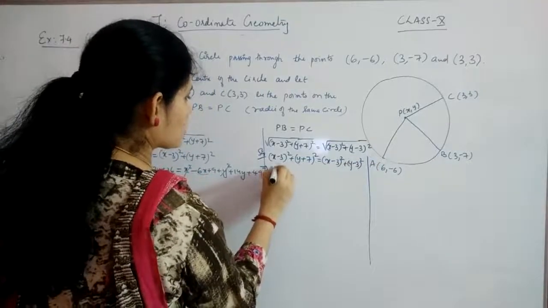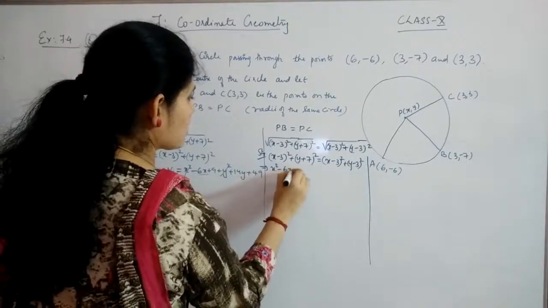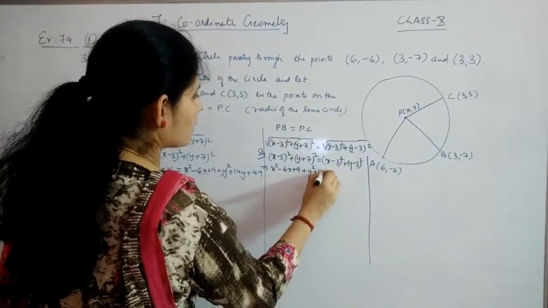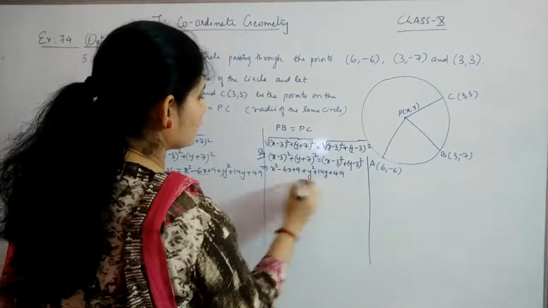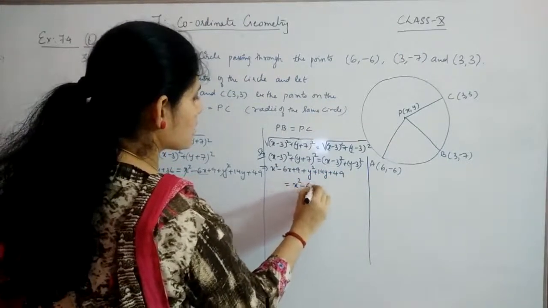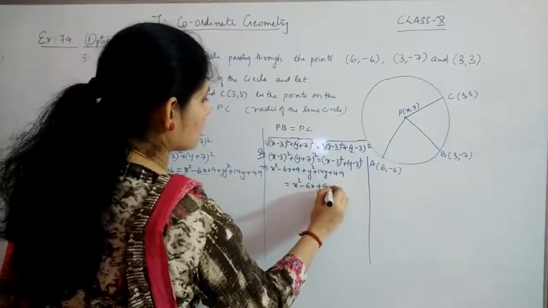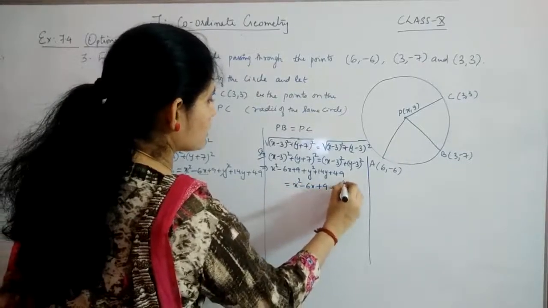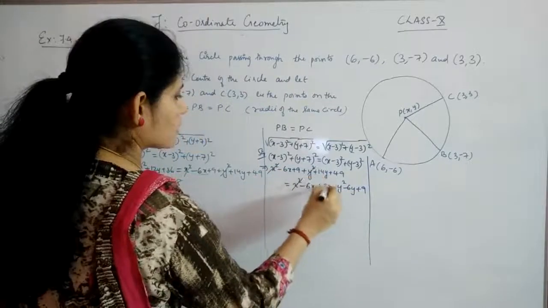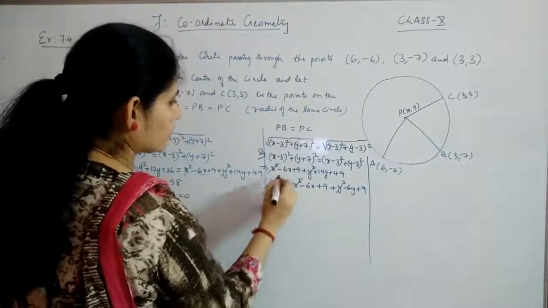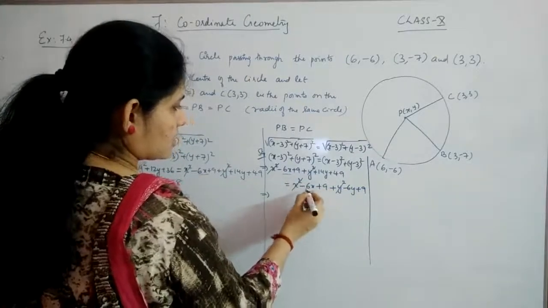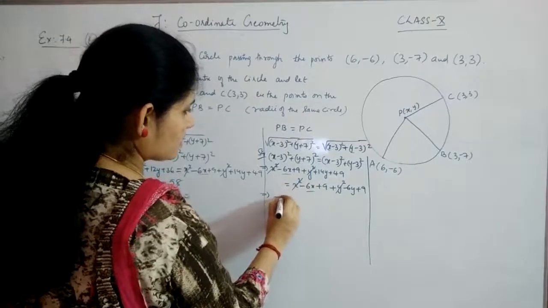Which implies x square minus 6x plus 9 plus y square plus 14y plus 49 is equal to x square minus 6x plus 9 plus y square minus 6y plus 9. Again x square gets cancelled, y square gets cancelled, and the remaining terms are, here you have minus 6x, minus 6x.